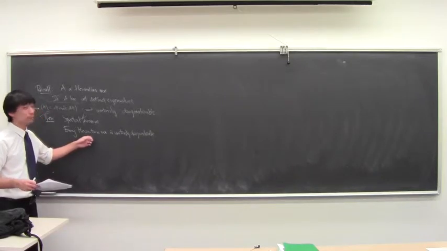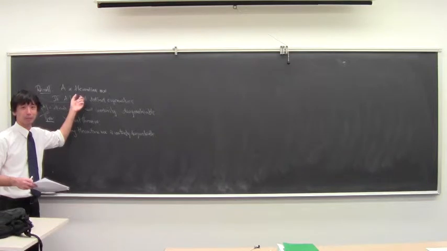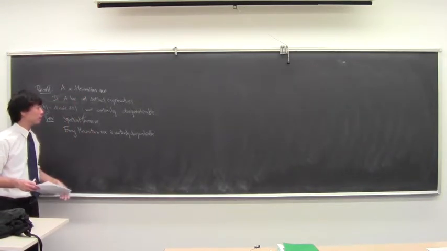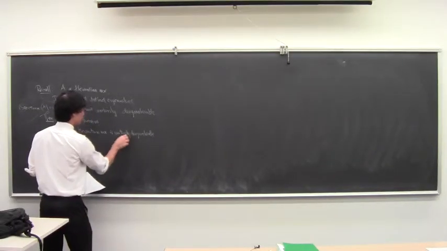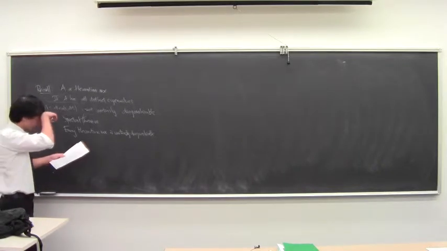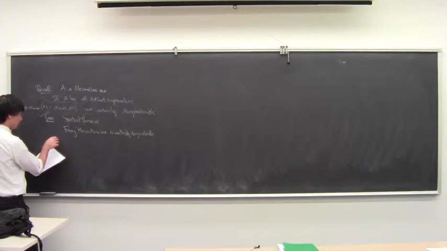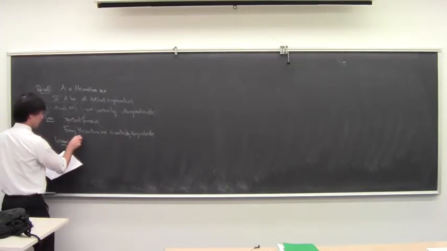So you don't have to have distinct eigenvalues. You can have one eigenvalue. Even if the thing has one eigenvalue, as long as it's Hermitian, then it's going to be diagonalizable. And the proof relies on a particular lemma called Schur's theorem.